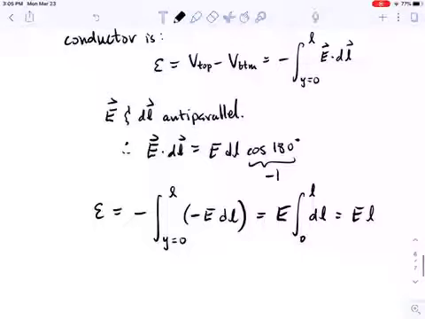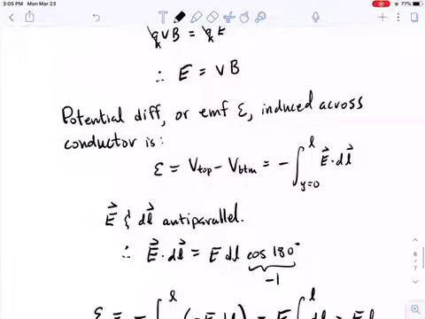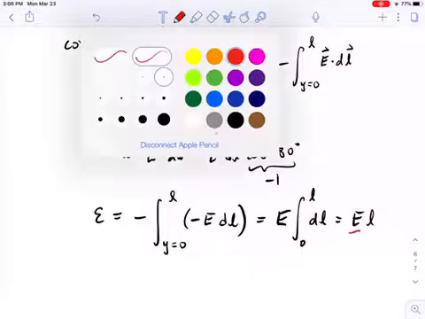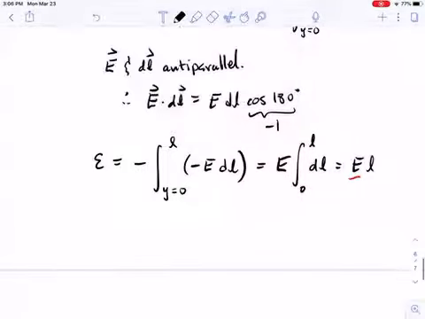Okay, but E is equal to vB, such that the EMF is equal to vBL.